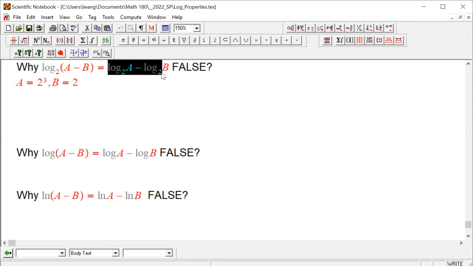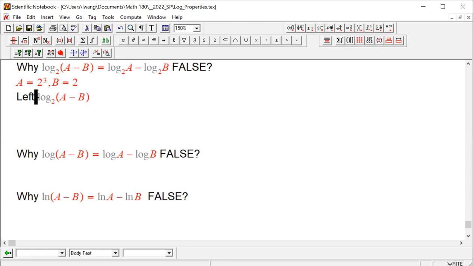Let's see what's on the left-hand side; we've been doing the right-hand side first, but let's do the left first. A is 2 to the power 3, and this is 2, so that equals log base 2 of 8 minus 2, so that's 6.